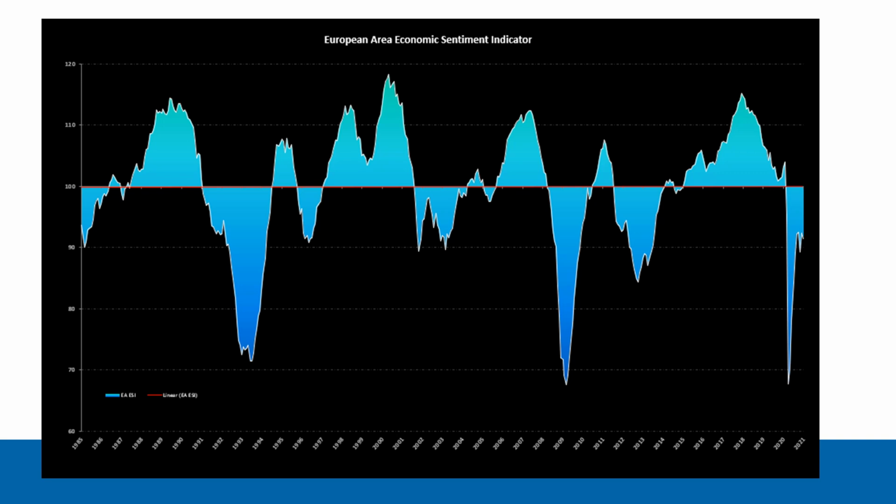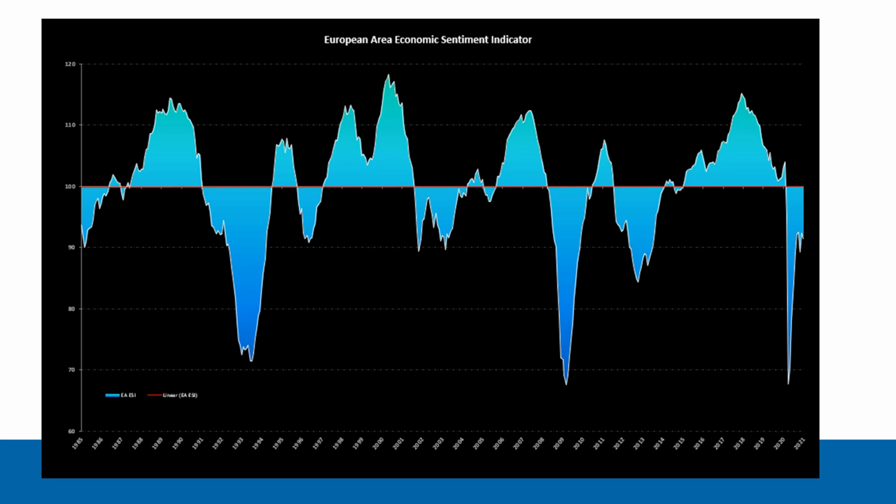And if you look at the chart here, on the left-hand side, we have our ESI scale, and you can see the 100 level, and that is set as the long-term mean. So you can see we've added in the red line, a long-term trend line average, which is the 100 level.